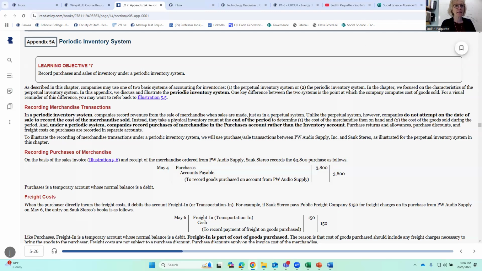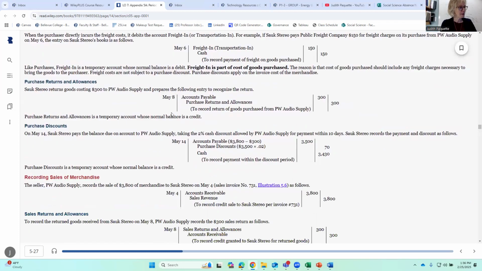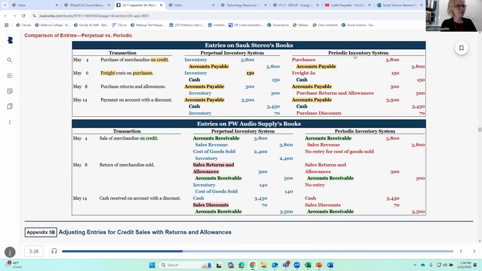So now let's look at the textbook. In the main part of Chapter 5, you've learned the perpetual inventory system. And now in this appendix, you're learning the periodic inventory system. There is a very helpful sheet here, and if I were you, I'd print this out and use it for my studies.